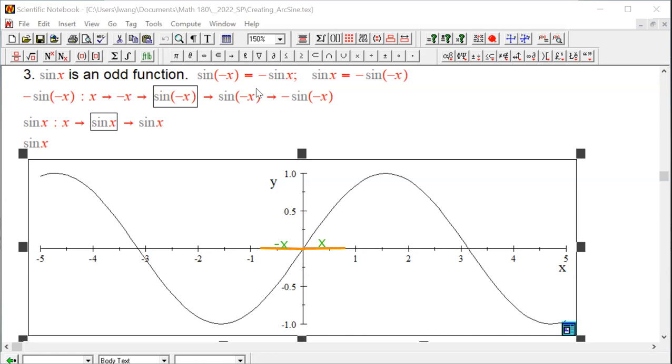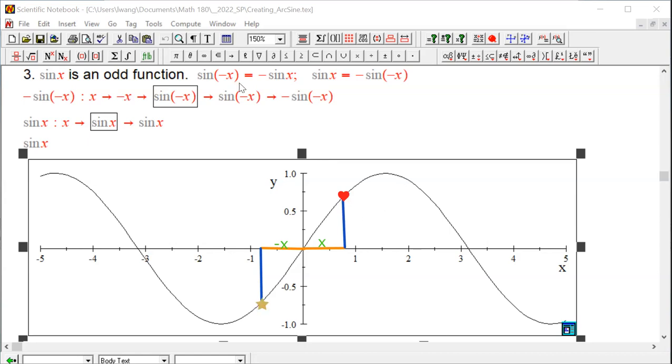The output for sine is going to be the blue color, this guy. For negative x, the output is going to be like that. So these 2 points, I'm going to use heart and star.